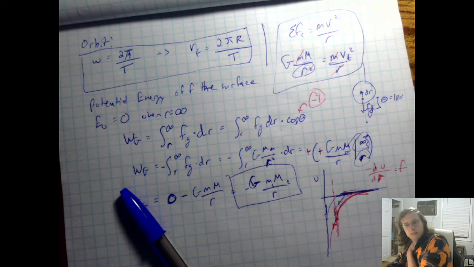Sorry, I'm trying to figure out if that is actually infinite or if that is an asymptote. But yeah, it gets infinitely negative, because we're getting to a situation where our objects are so impossibly close together that you have the entire mass of a planet condensed into this tiny little point.